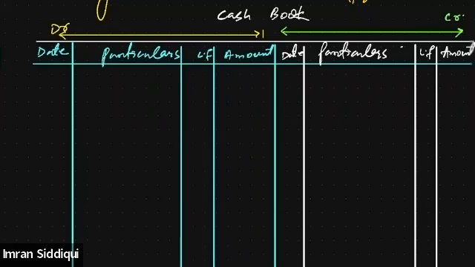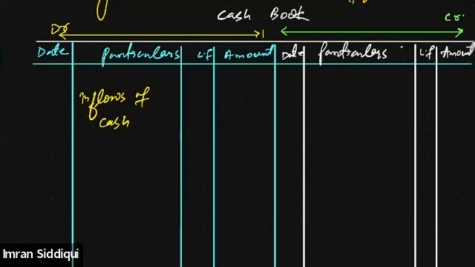Right side of the account is called the credit side, and the left side of the account is called the debit side. All the inflows of cash, or any transaction that is going to increase the cash balance, will be recorded on the debit side.